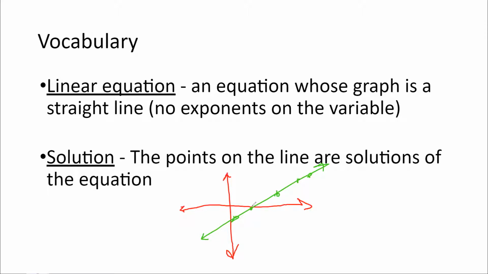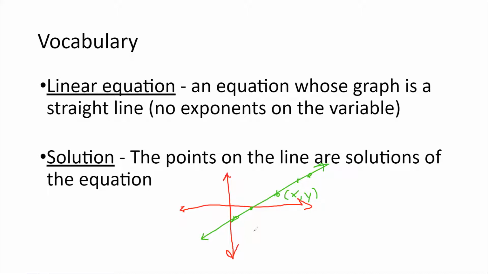And each one of these points has an x and a y coordinate. So every single point is an x comma y. And so there are infinitely many solutions because there is an x and there is a y for every single one of these points. So when you're thinking about that solution, that's why we have to graph, because there's not just one number that I can plug in for my x and for my y.